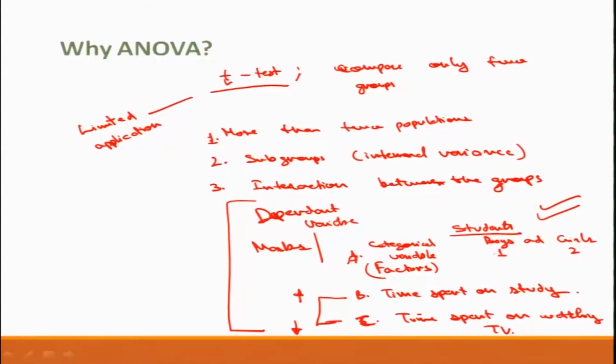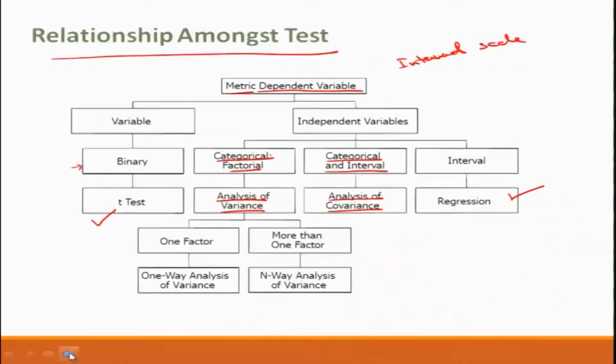For instance, in this case analysis of covariance would be used. We have a categorical variable as boys and girls, one categorical variable, that is the gender, and two non-categorical variables which are the metric variables, time spent on study and time spent on watching TV. If both the dependent variable and independent variables are metric, or both are on an interval scale, then we use regression.